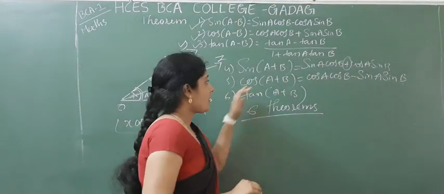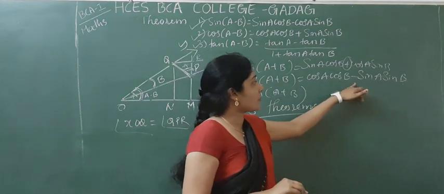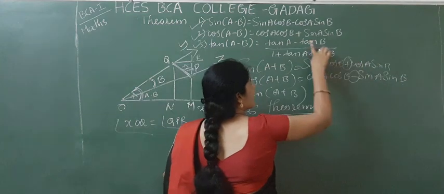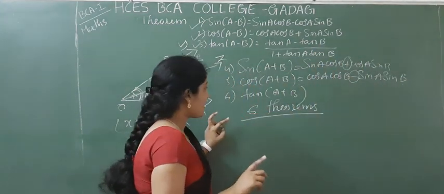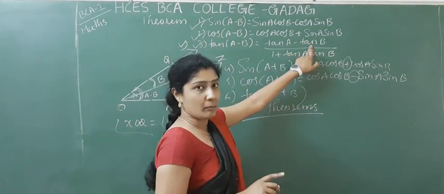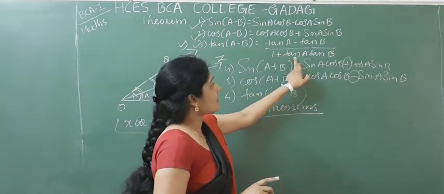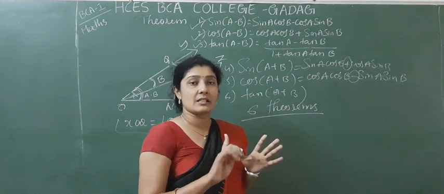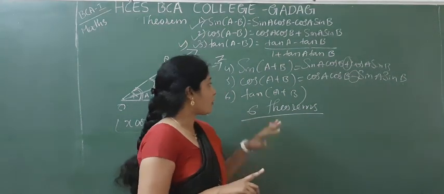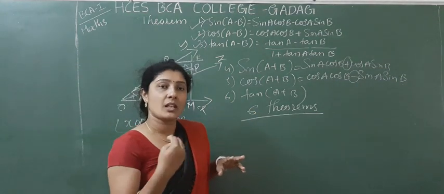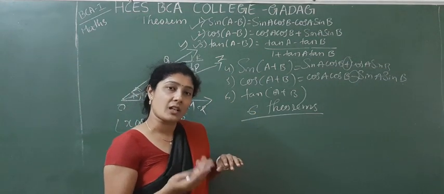See here. Cos A plus B is cos A cos B minus sin A sin B. What is changed here? Only the sign. Okay. Similarly, what is tan A plus B? Tan A plus tan B divided by 1 minus tan A tan B. Only the sign has changed. Nothing else has changed. Therefore, you just need to remember only 3 theorems. The remaining 3 you can write as it is.